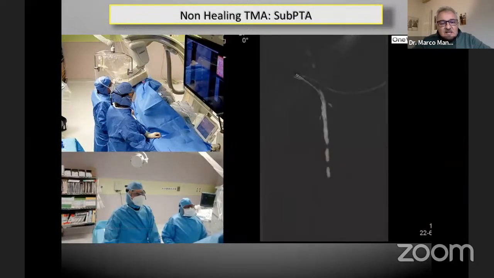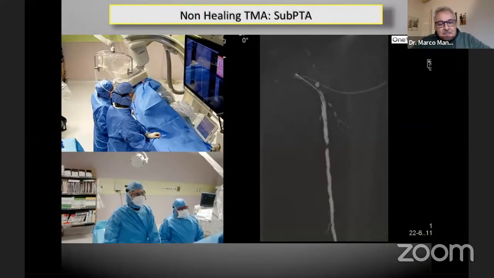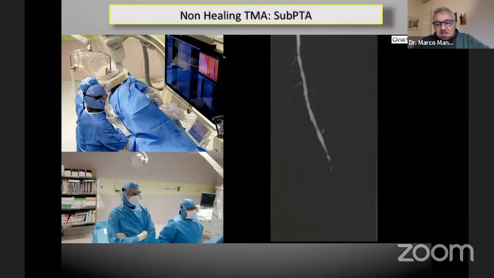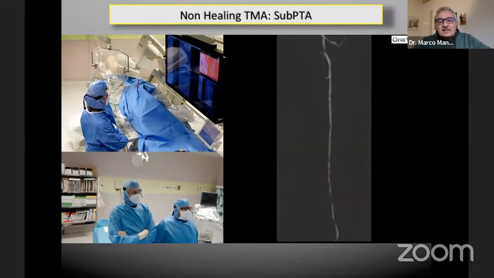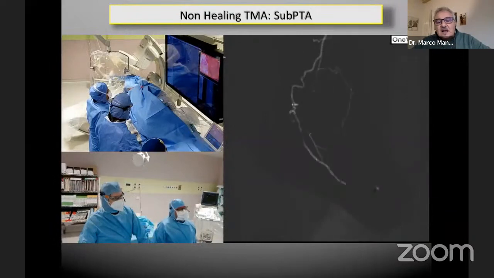You can see here an antegrade approach. This is a CO2 angiogram performed with automatic injection. This is a patient with a non-healing transmetatarsal amputation.